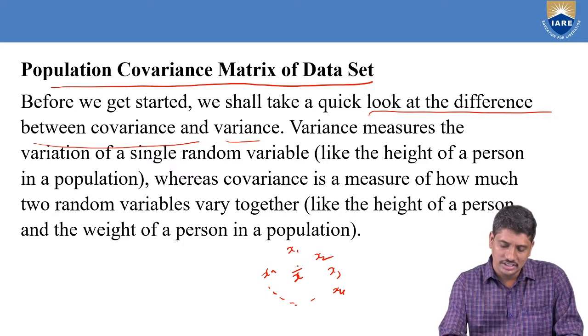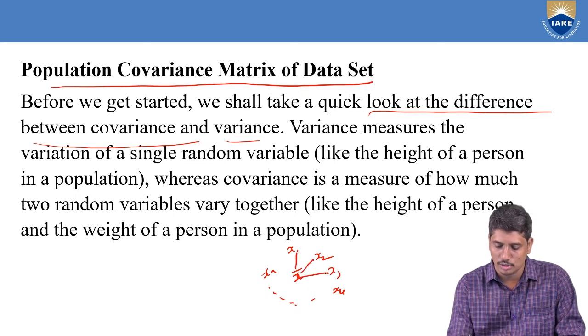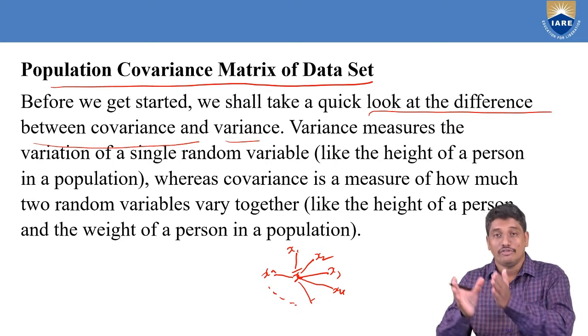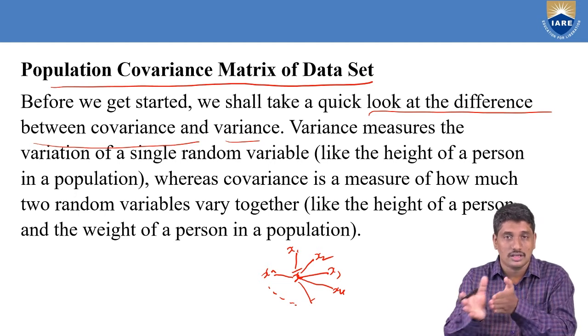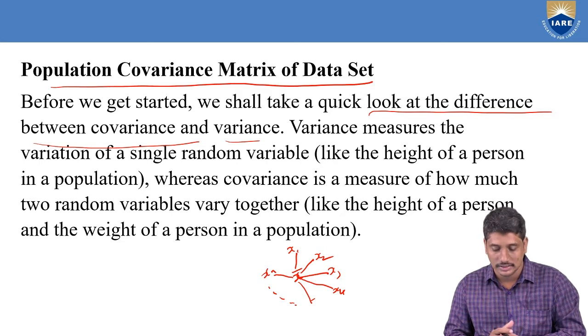Now let us consider the differences between the values and the mean, that is x bar minus x1, x bar minus x2, x bar minus x3, and so on, x bar minus xn. That means we are calculating the deviations of the values from the mean.